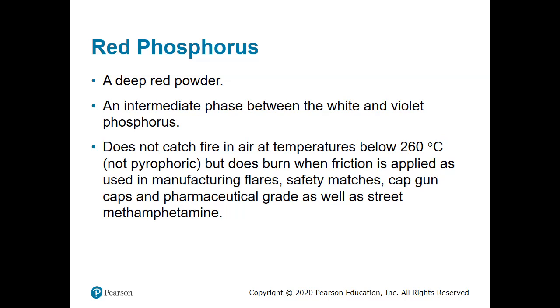In fact, it's not going to catch fire at temperatures under 260 degrees Celsius. So that is the exact opposite of what we would consider pyrophoric. Pyrophoria occurs pretty much any time we can expose a flammable substance to room temperature air and it immediately combusts.